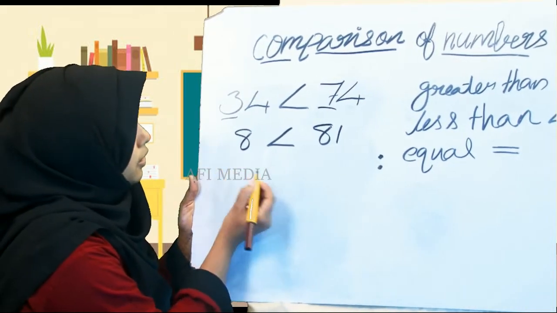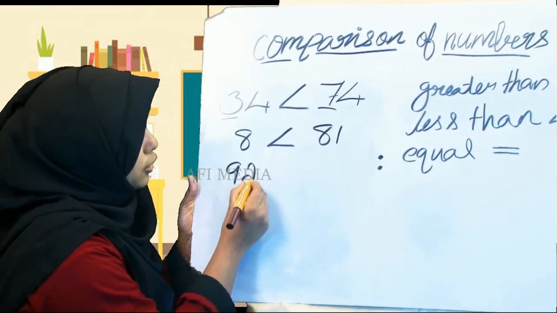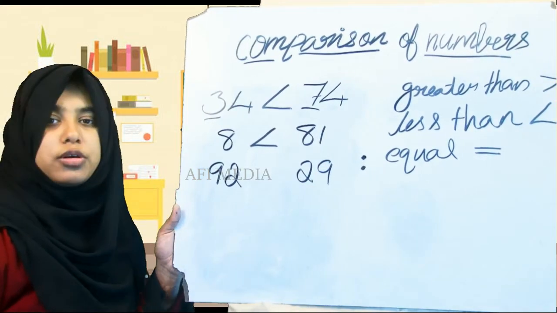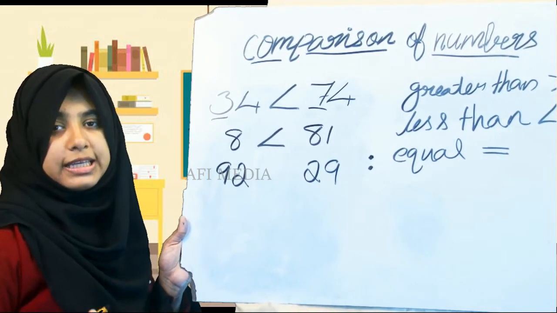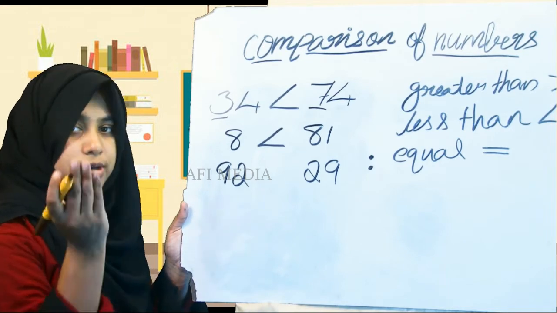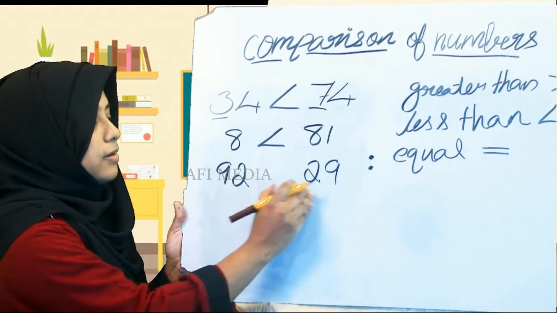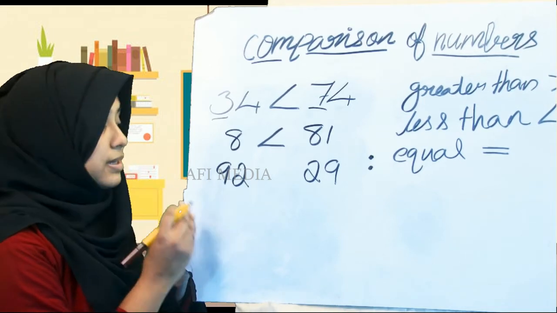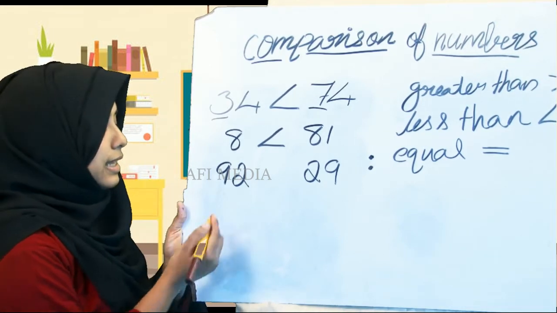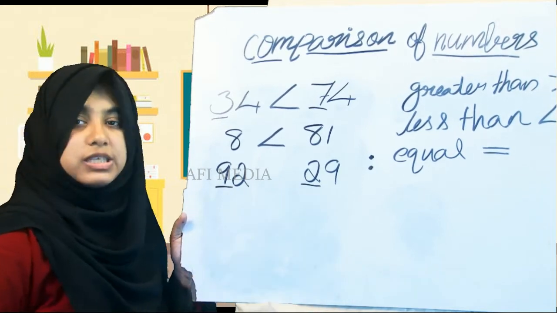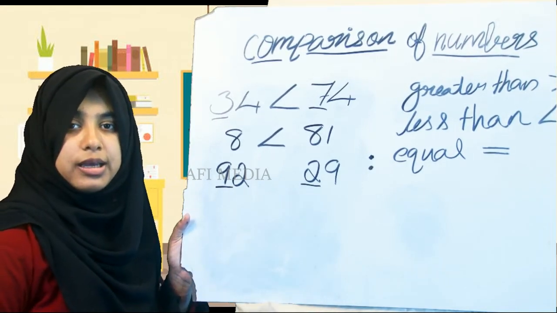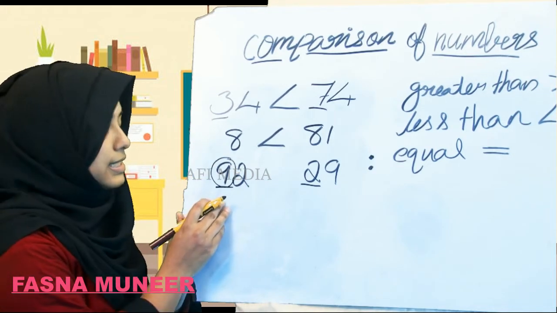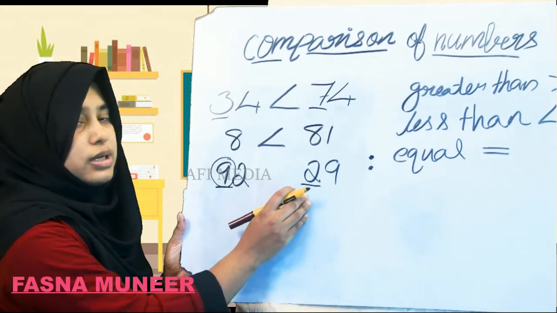Next, 92 and 29. Which is the greater number? How can we understand? Check the tens place. Which tens digit is greater, 9 or 2? 9. 9 tens means 90, 2 tens means 20.